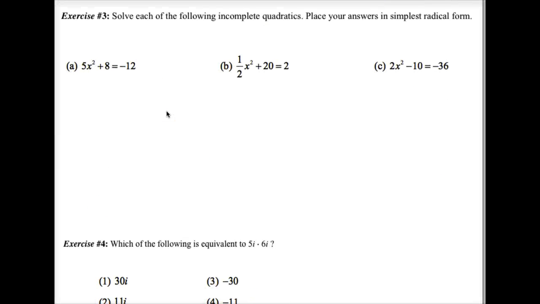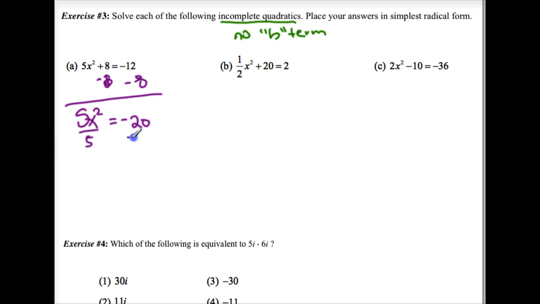So I want to solve the following incomplete quadratic. And remember, incomplete quadratic means that there is no b term. So that's an easy solve. So what do I want to do? Minus 8 on both sides. Oopsie, that's an 8. This becomes 5x squared is equal to negative 20.